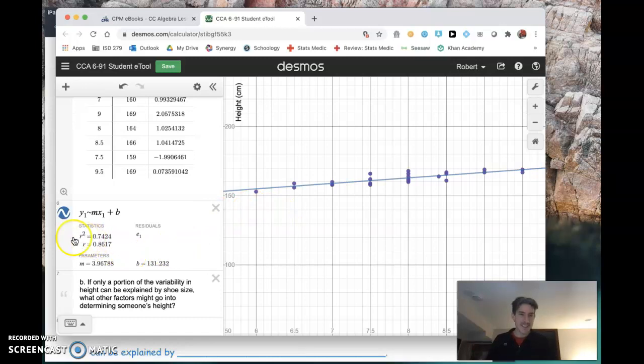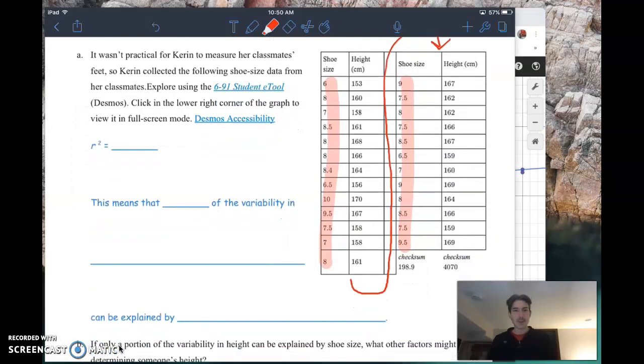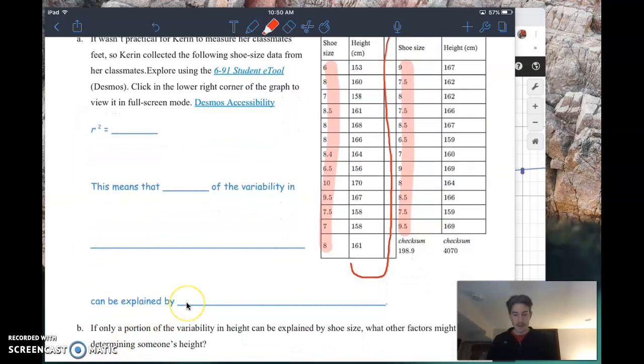But we've also got this other thing, and this is the thing that I care about right now, this R squared value. And that's what we're going to use to tackle how do I explain this to other people. So I've got this blue sentence frame already pre-populated, and here's what I tell students to do.